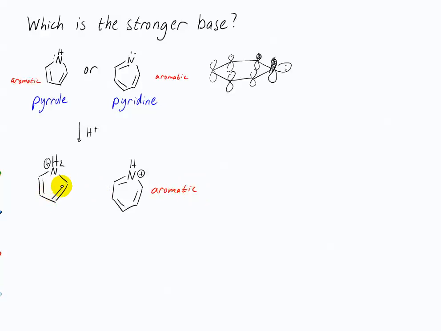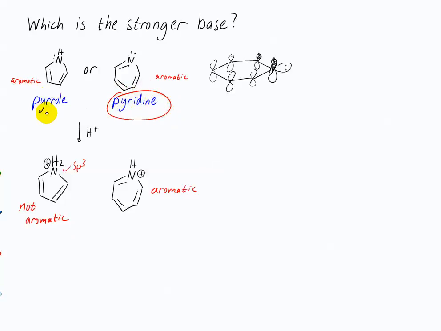It's not aromatic anymore, because that nitrogen now no longer has the lone pair to be sp2 hybridized, so it has to be sp3 hybridized because it's got two hydrogens. So this is not aromatic. Then which must be the stronger base? The pyridine must be stronger.